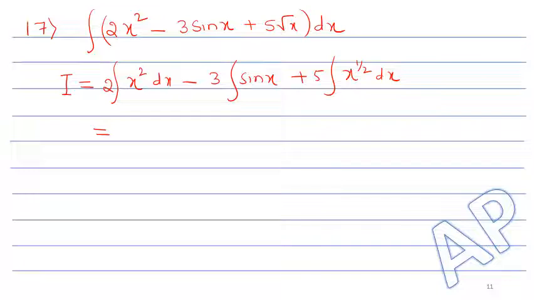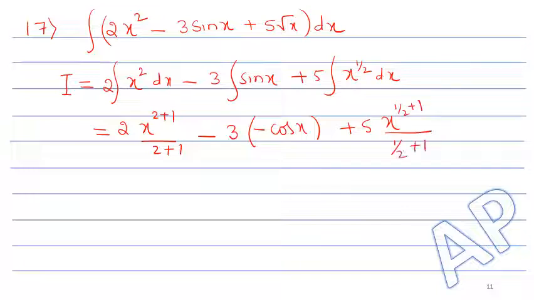Now this is in the form of x to the power of n, so I have to write x to the power of n plus 1 by n plus 1, that is 2 plus 1 by 2 plus 1 minus 3 into integral sin x ಅಂದರೆ minus cos x ಆಗುತ್ತೆ plus 5 into x to the power of half, integrate ಮಾಡಿದ್ರೆ x to the power of half plus 1 by half plus 1 plus constant of integration.